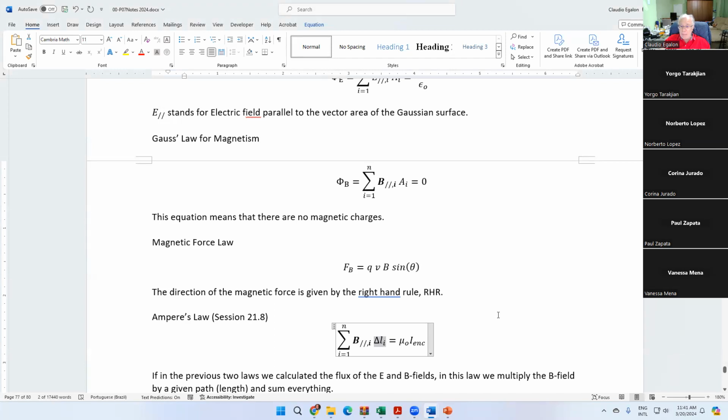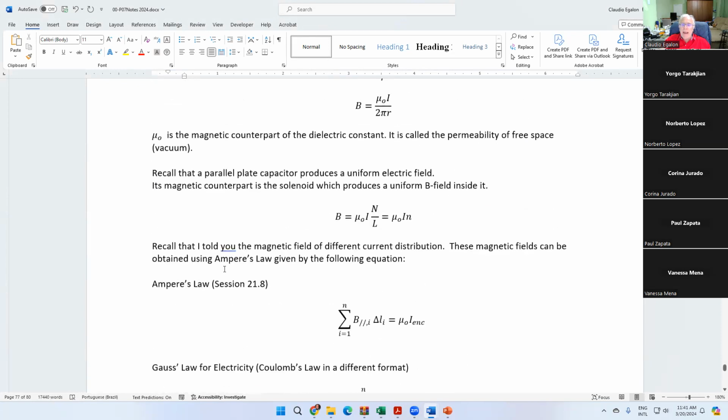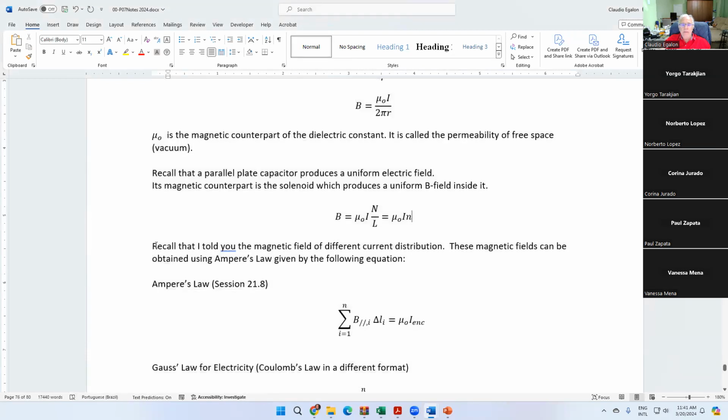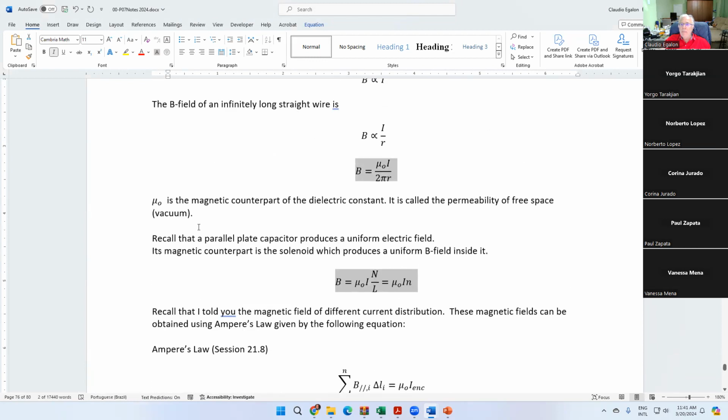And we are going to elaborate on it a little bit more, okay? It's by using this equation that we find those results that we saw for the solenoid and the infinitely long wire.